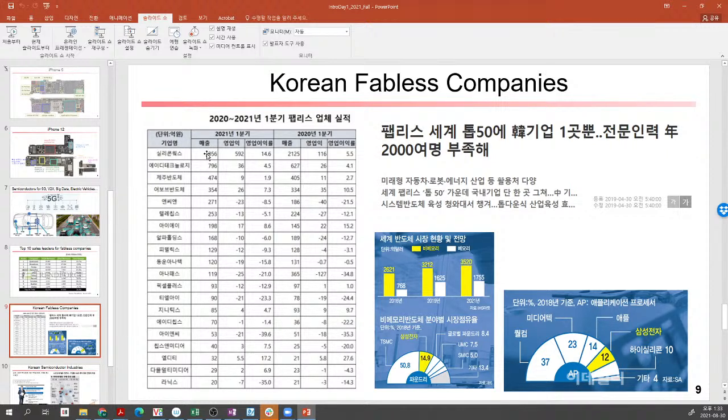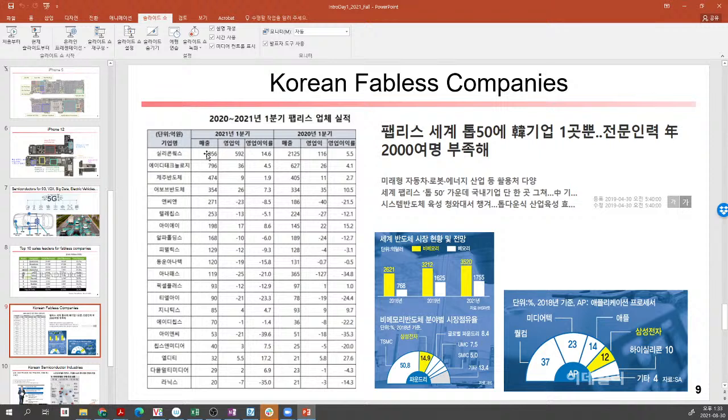As you can imagine, if you want a challenging or top-notch design without having semiconductor chips, you cannot have a competitive product.